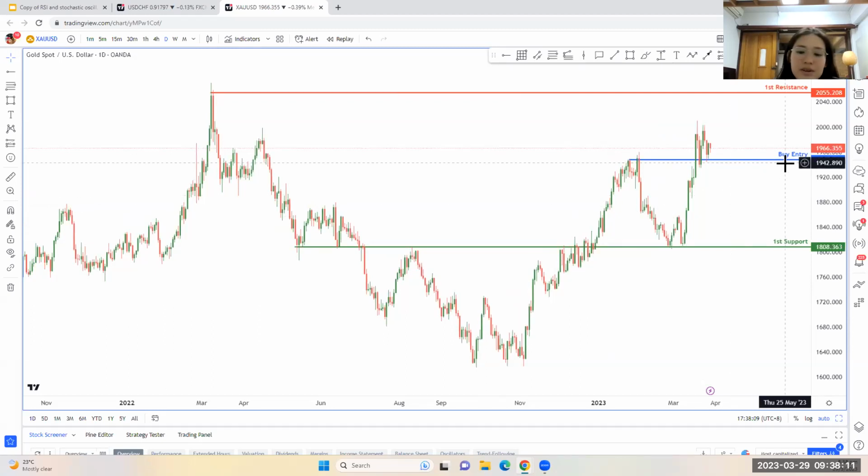Okay, so now that we have our support and resistance levels settled, let's go ahead and look for some Fibonacci levels as well.